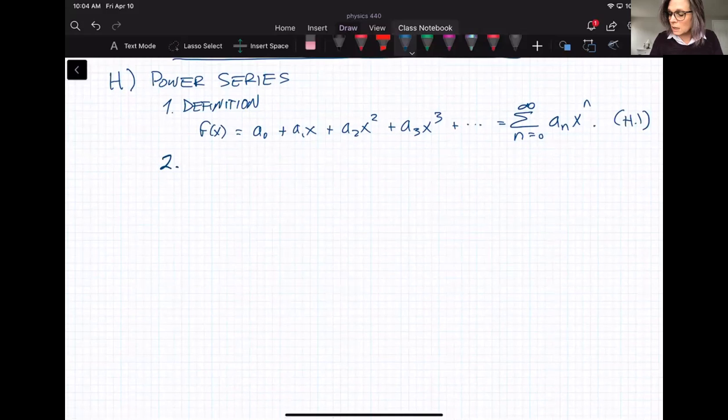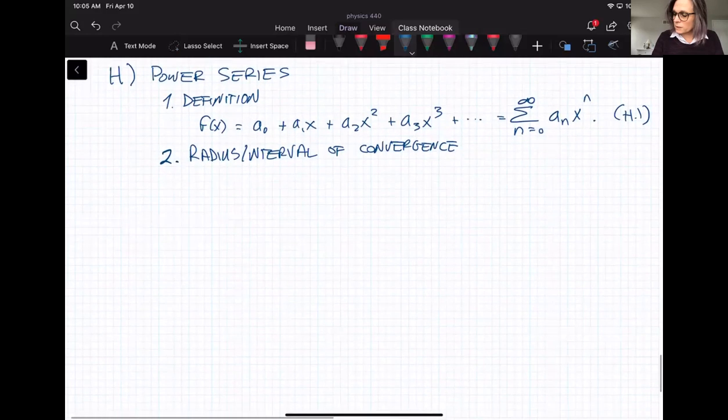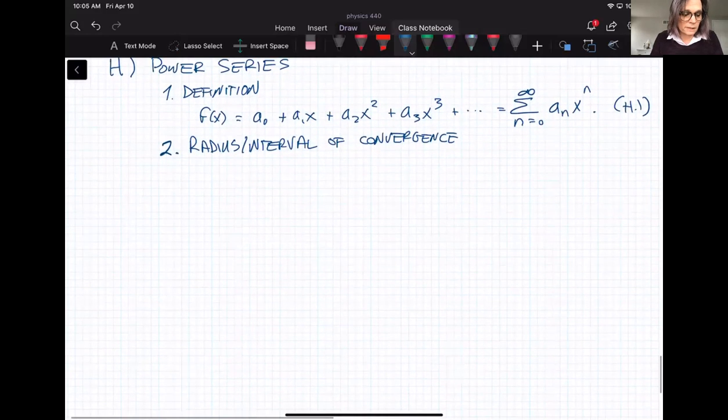In order to know when it's appropriate to use this, or how we can use this, is defining convergence. In this case, especially since eventually we're going to be talking about complex numbers and complex functions, we want to define, or at least find, a radius or interval of convergence. While there are several ways of doing this, the most straightforward way is essentially a comparison test.